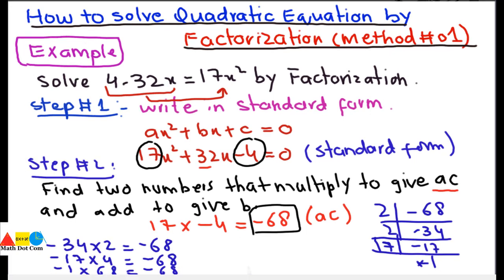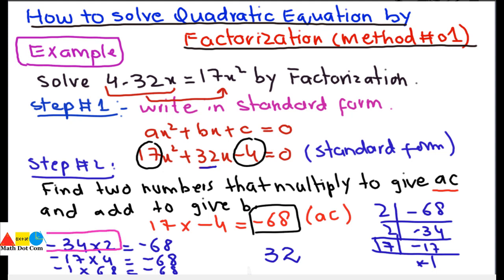So these are the three factor pairs that we have found for minus 68. Now we have to choose the pair that, when added or subtracted, gives B, that is 32. We have to check which pair will give us 32. The first pair is minus 34 into 2.